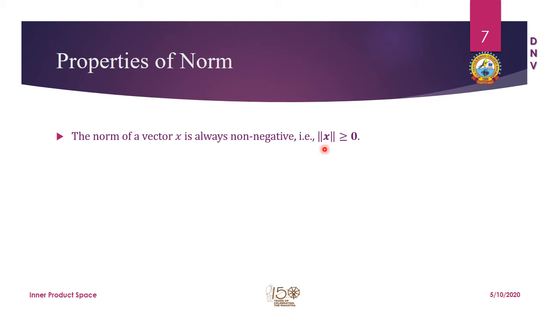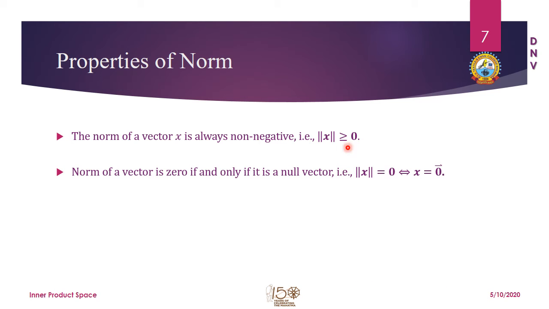Positive definiteness means greater than 0 is positive and equal to 0 is definiteness. So let us see when this becomes definite. The norm of a vector is 0, that is definite, if and only if it is a null vector. So this is the mathematical statement we have used for defining the norm of the zero vector, and it is 0 if and only if the vector itself is a null vector.